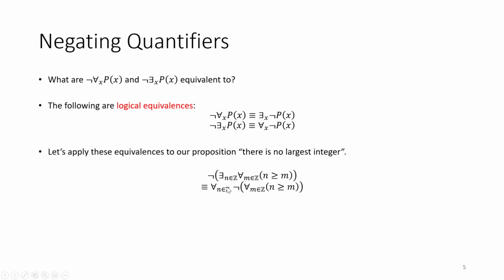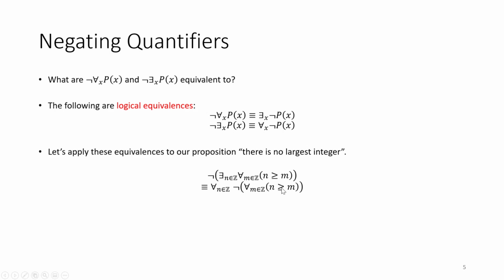This one is saying all integers are not the largest integer. So let's go through that one more time. The first one's saying it is not the case that there is a largest integer. Okay, that's what we're trying to say. But the next one is saying all integers are not the largest integer. So that's really logically equivalent. That's trying to say the same thing.